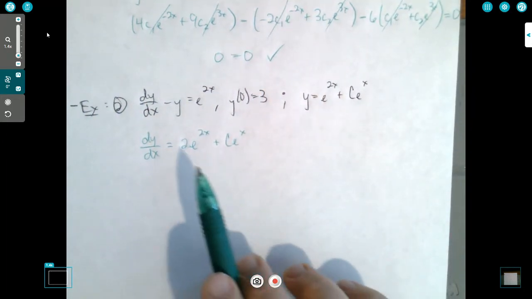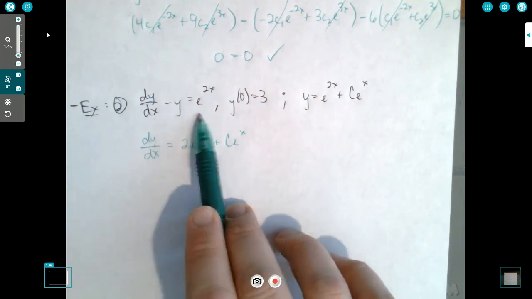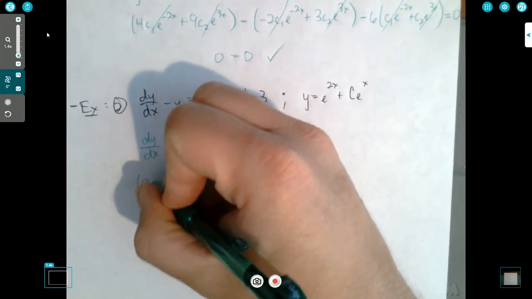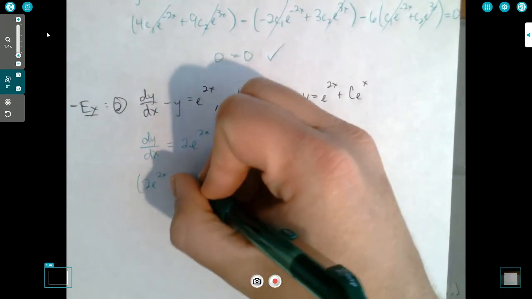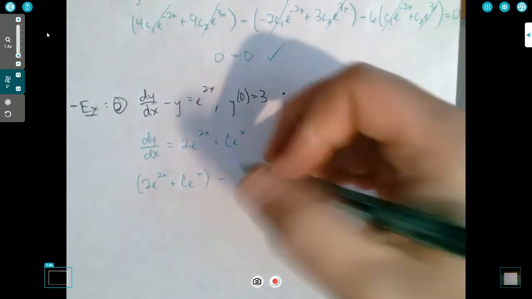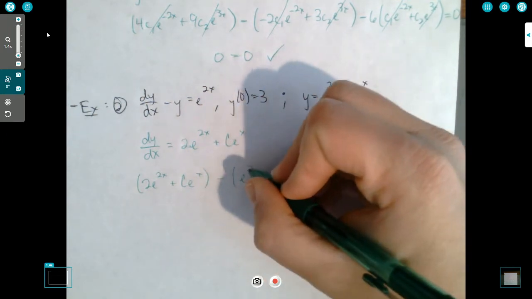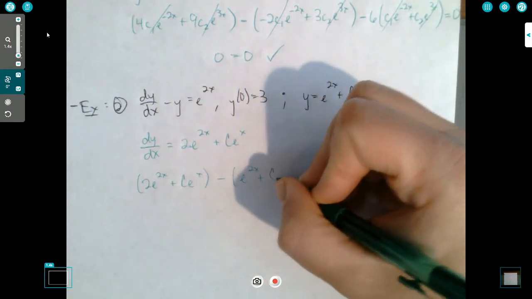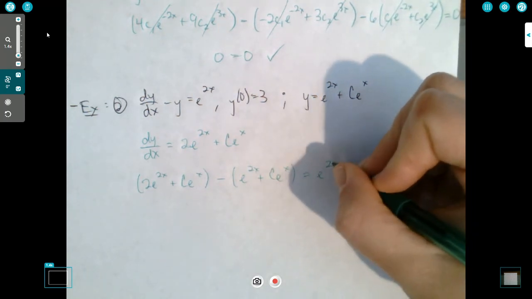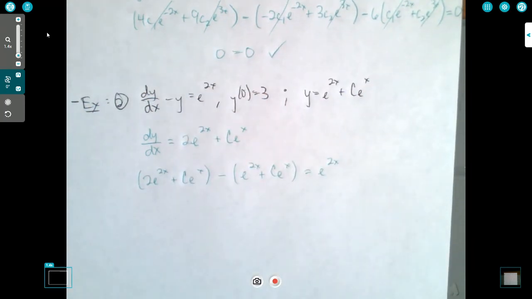Then plugging this and this into here, we get dy dx minus y equals e to the 2x. And so we want to verify if this is a true statement.